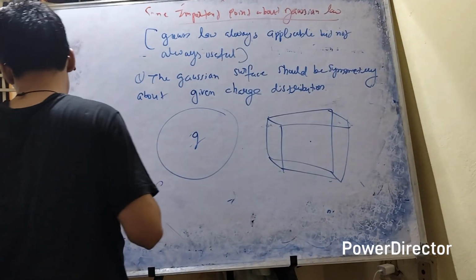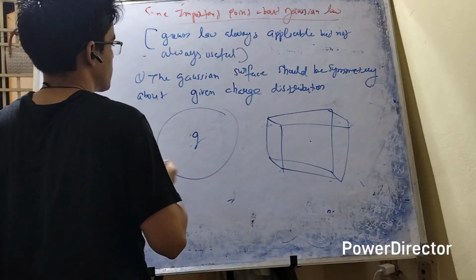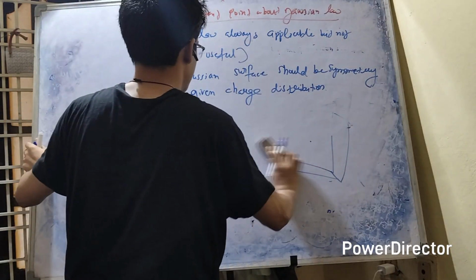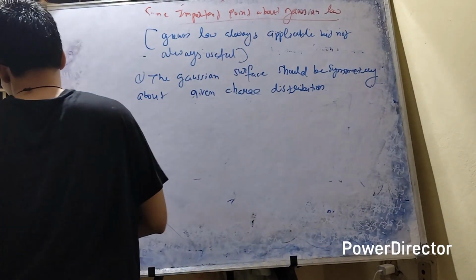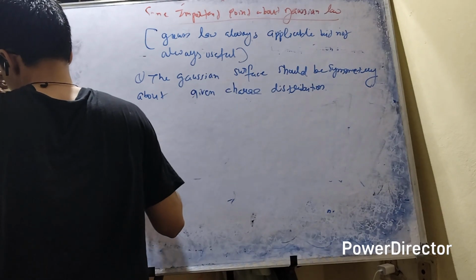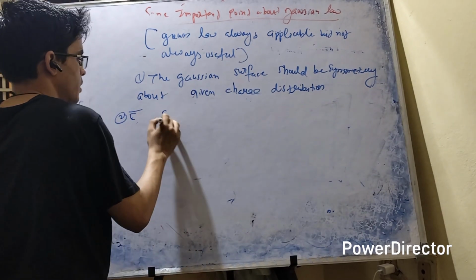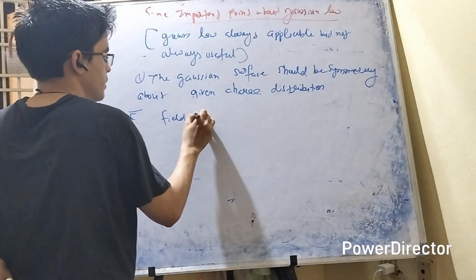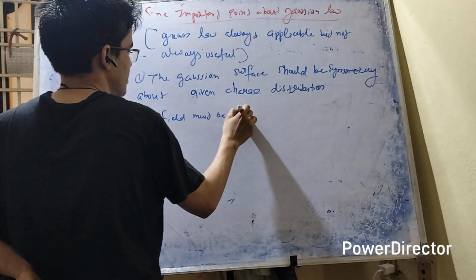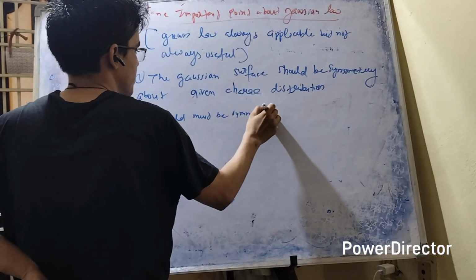So this is considered as the first item: a symmetric surface will be required. Next, the electric field must be symmetric. See, second point, electric field must be symmetric.